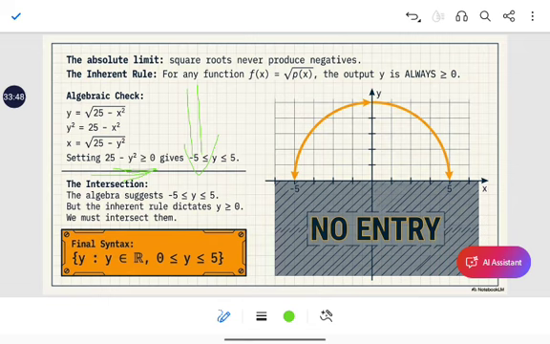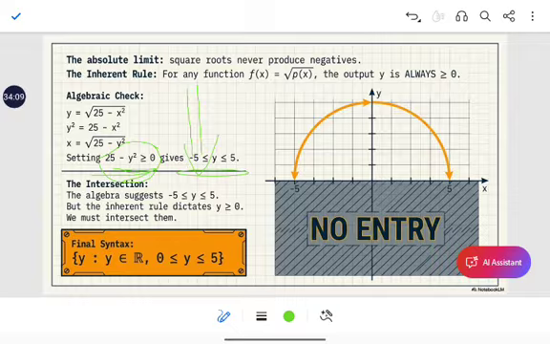Why do we have two values here, -5 and +5? It's because we have 25 minus y squared greater than or equal to 0.